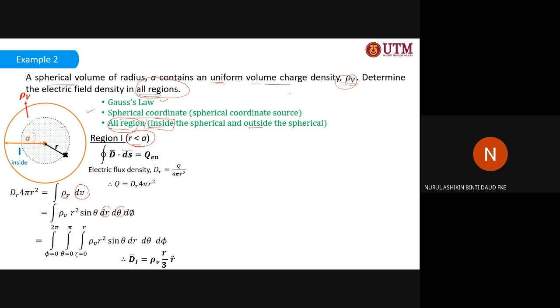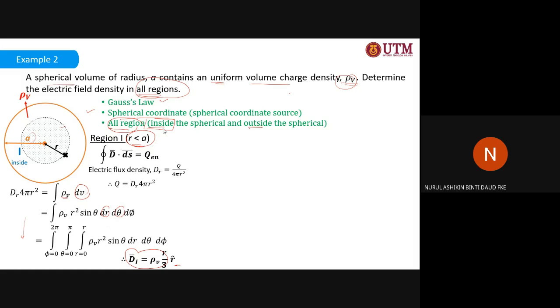For r, it is from 0 to r, theta from 0 to pi, and phi from 0 to 2 pi. If you solve this equation, you will get that the electric flux density at region 1, which is inside the sphere, is rho v r over 3 in the r direction. Now you have solved the first part.